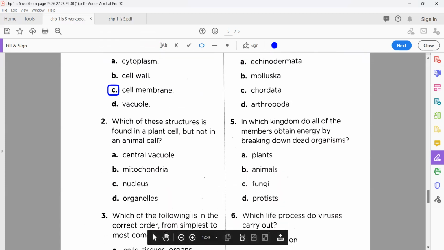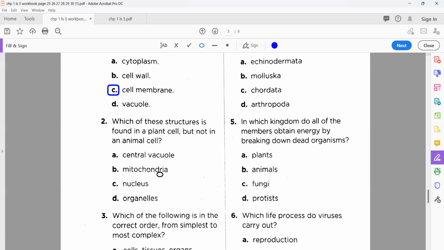Second question, that is your workbook page number 29. Okay. Which of these structures is found in a plant cell but not in an animal cell? So the central vacuole, mitochondria, nucleus, organelles. Organelles we name all the parts that are present in a cell. Nucleus, you know that is present in both.